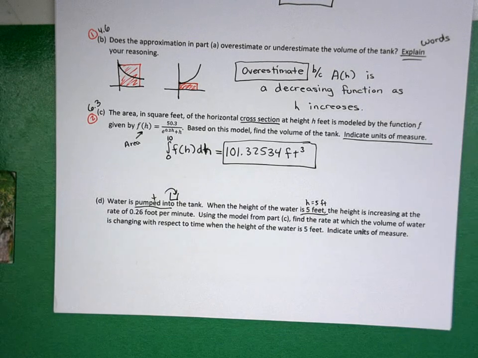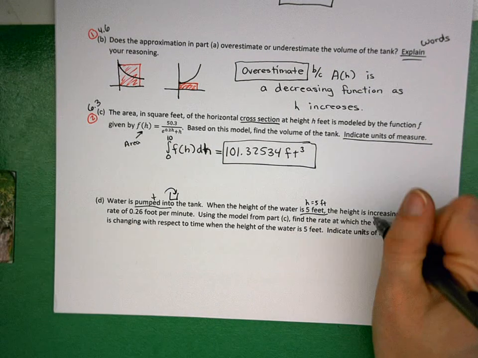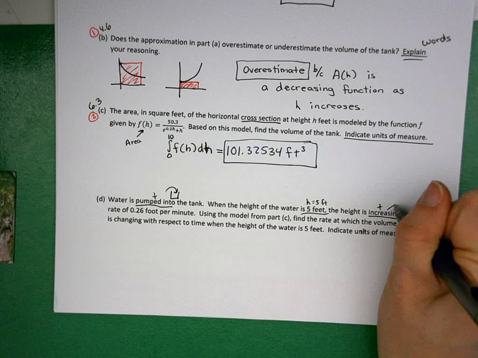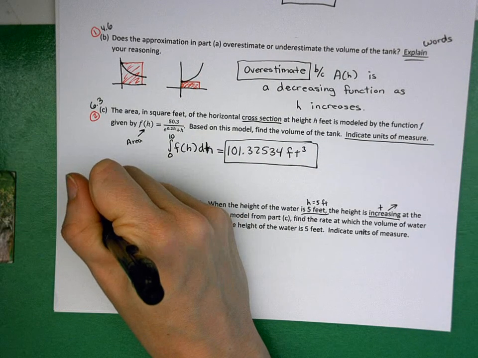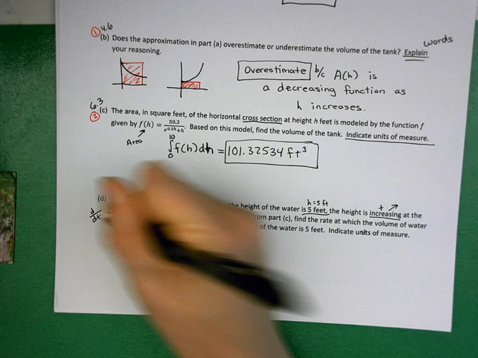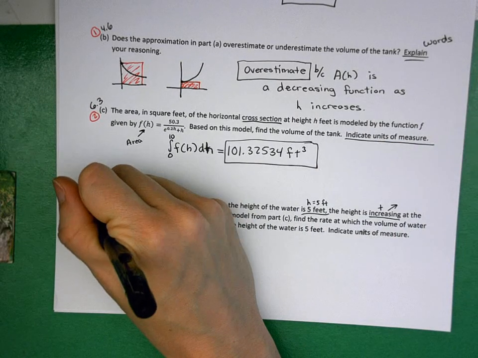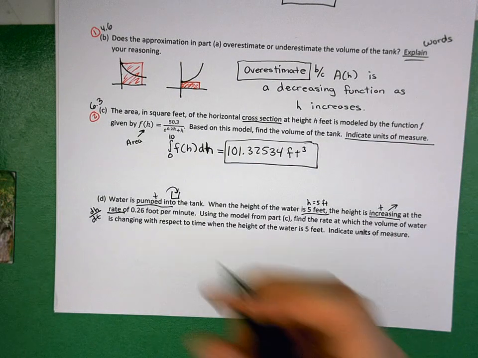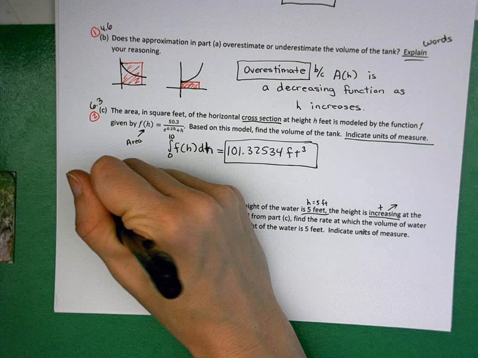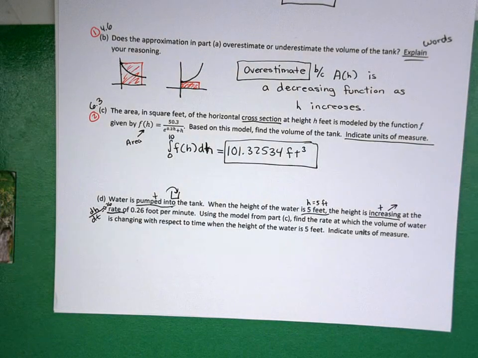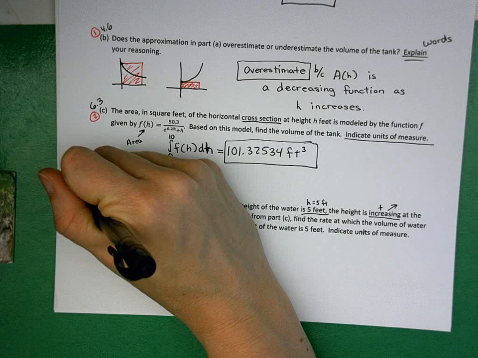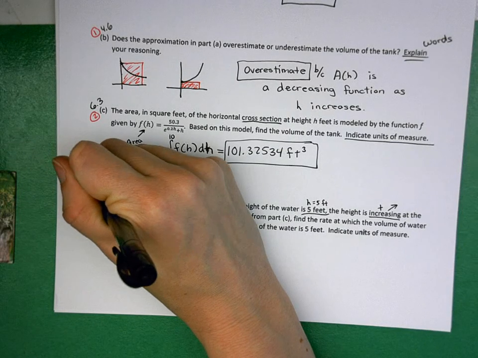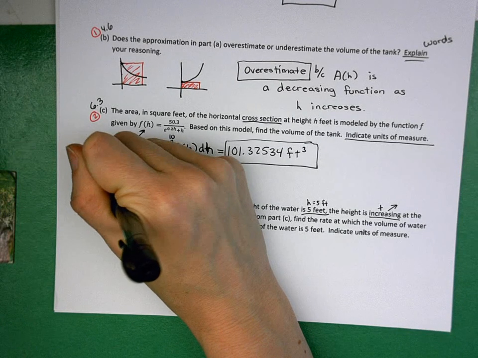The height is increasing, so again, thinking some sort of positive idea, at the rate, so that's a d/dt, and in this case, the height is increasing, so dh/dt, at a rate of 0.26 feet per minute. This, by the way, is in related rates, if you're wanting to know where this kind of problem is from, which is the very beginning of second semester.